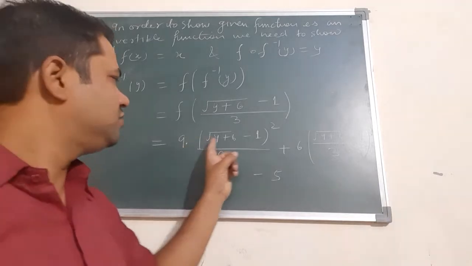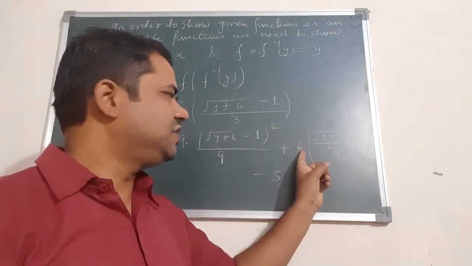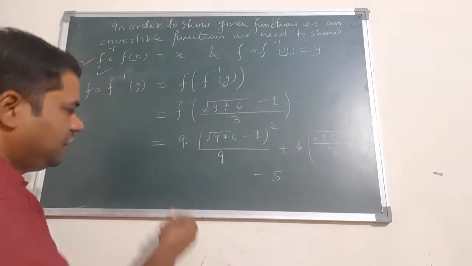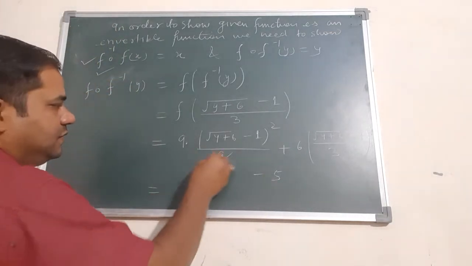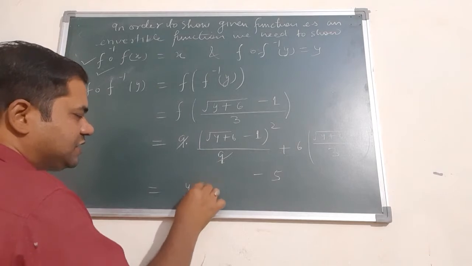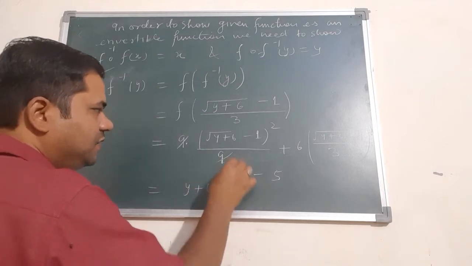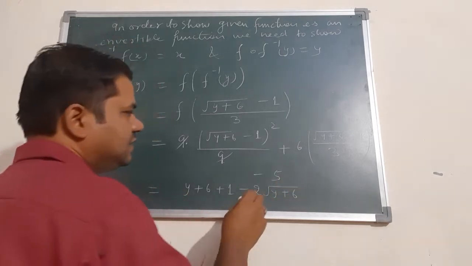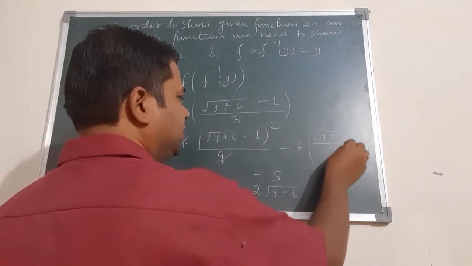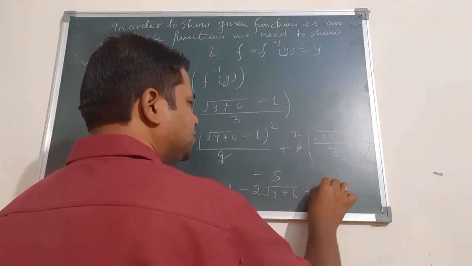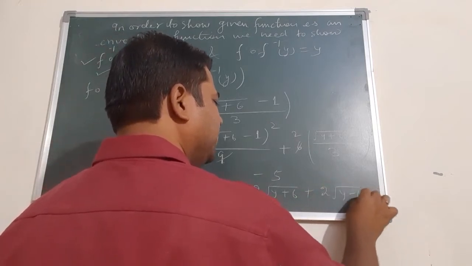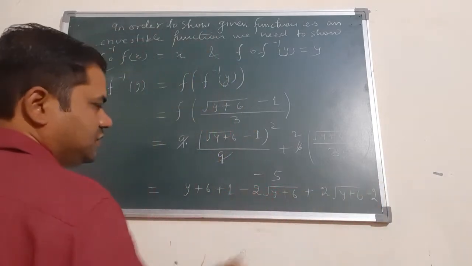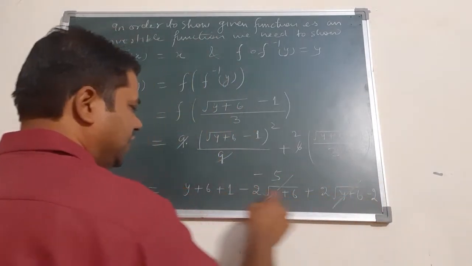9 cancelled out, so only this thing. 3 2 is 6, 2 times this thing, and minus 5. And if you square it, then this is y plus 6 plus 1 minus 2 times root of y plus 6, and this is nothing but 3 2 is 6, so plus 2 times root of y plus 6 and minus 2. So this thing is cancelled out, minus 2.